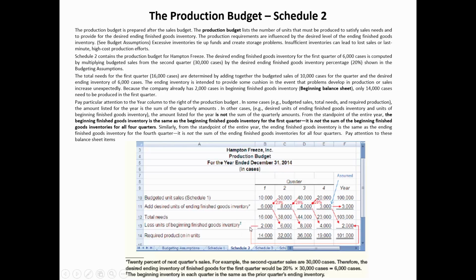But because of the less units at the beginning finished goods inventory, we're going to bring this 2,000 around to show that the 2,000 was on hand. So this will show us how much we have to produce for the entire year. This 2,000 and this 3,000 are balance sheet items. These represent the entire needs for the entire year.